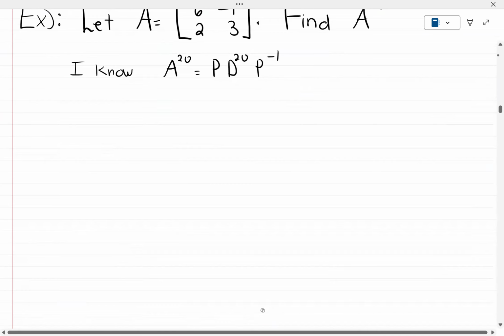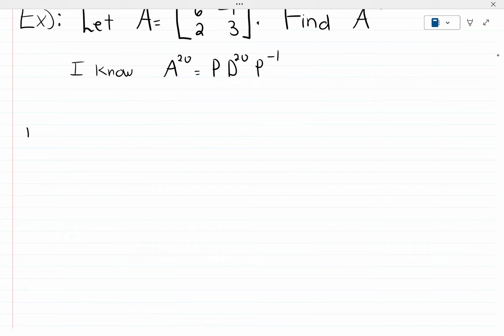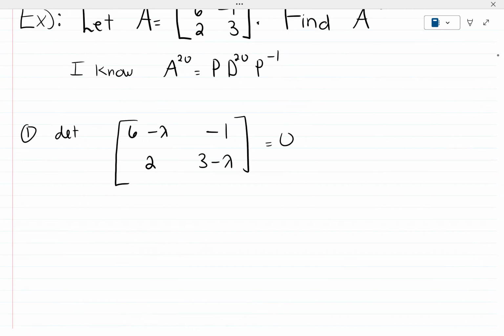Okay, so first step, what I'm going to do is find the determinant of A minus lambda I. So it's going to be 6 minus lambda, and then 2 stays the same, and then -1 stays the same, and then 3 is now 3 minus lambda, equals 0.